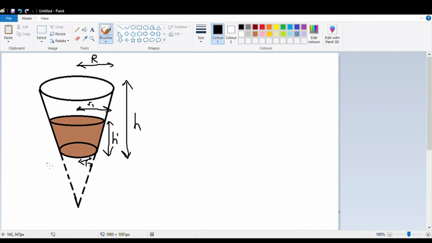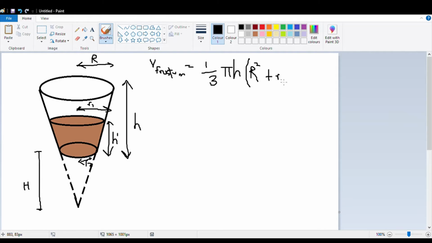And we can say that this remaining height is some capital H. So we know that the volume of a frustum, which is basically the volume of the cup, is, excuse the terrible handwriting, 1 by 3 pi H (capital R squared plus R2 squared plus R R2).